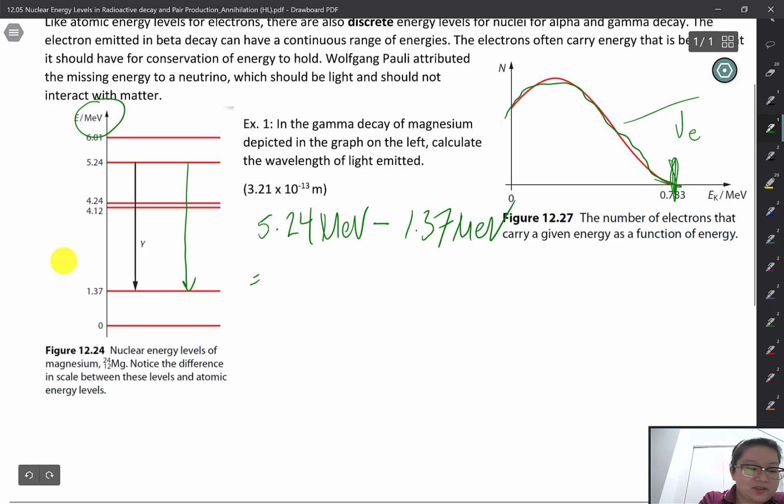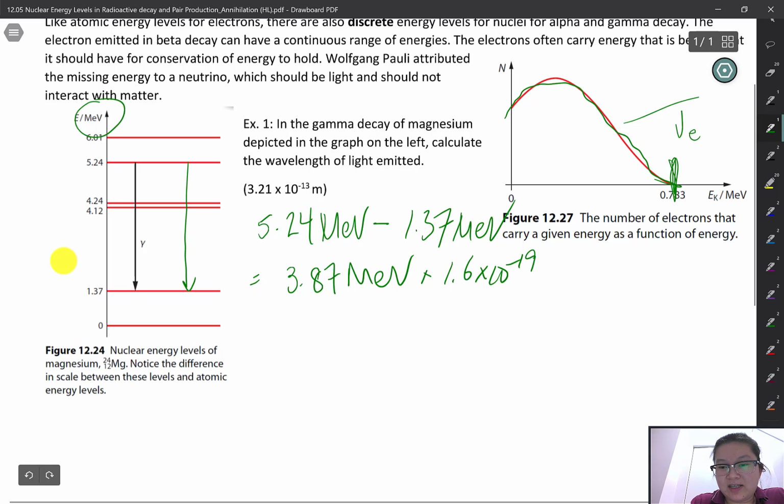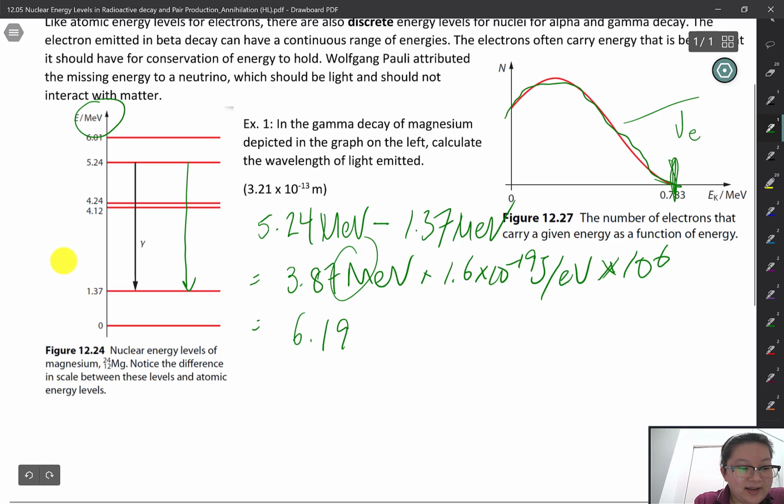Finding that difference is going to be 3.87 mega electron volts, and to get that in joules, multiplying by 1.6 times 10 to the power of negative 19 joules per electron volt, and to get rid of the mega, we have to multiply this by 10 to the power of 6. So this ultimately gives us 6.192 times 10 to the power of negative 13 joules.